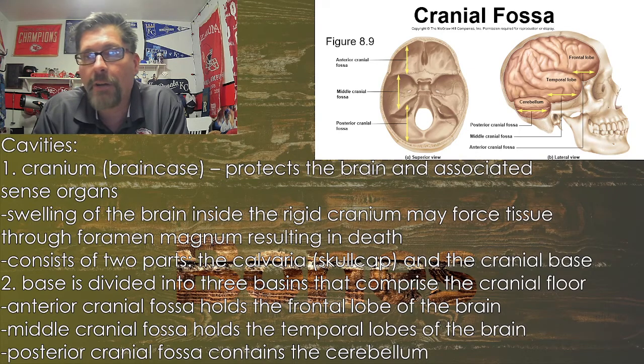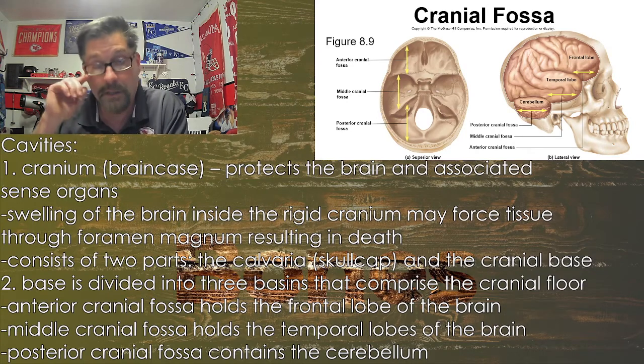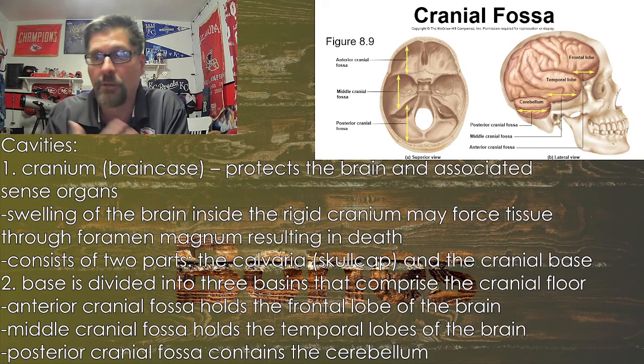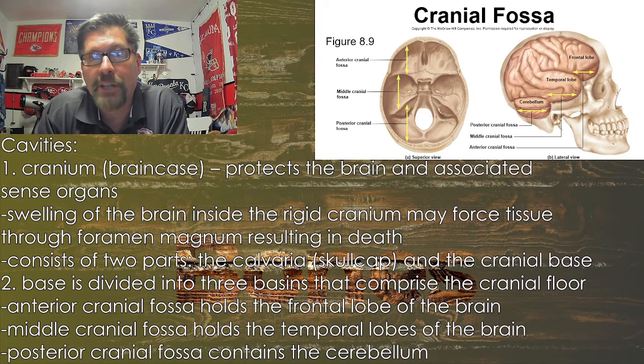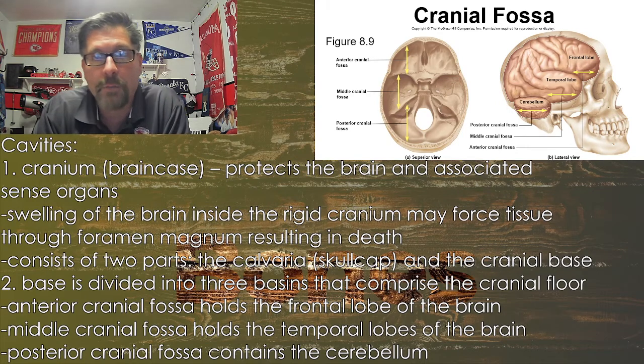But the cavities, as we mentioned, the skull itself does a lot to help with that. As you're looking down into a skull there on the left-hand side of the diagram, you can see those little sections that the brain sets into. That's obviously purposeful and helpful to hold the brain in place and protect it as much as possible.